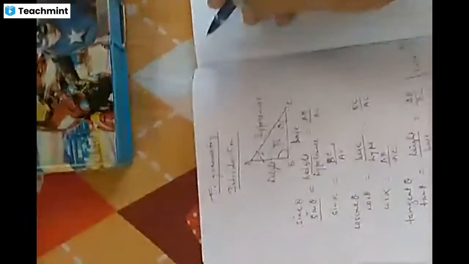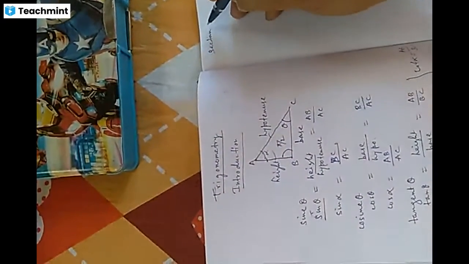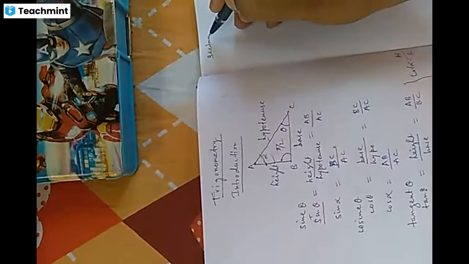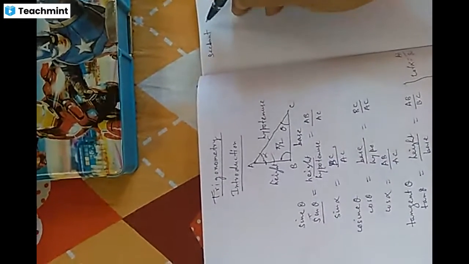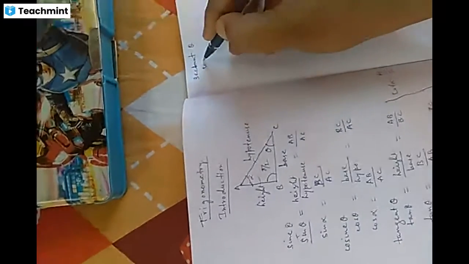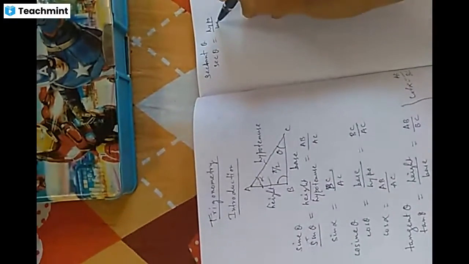Now to find another trigonometric function, this is secant of theta or sec theta. This will be hypotenuse by base.